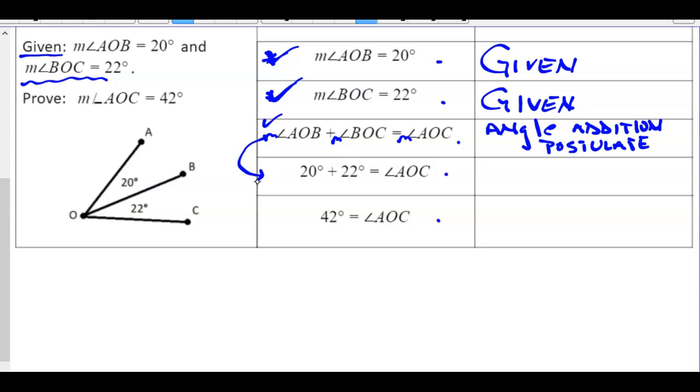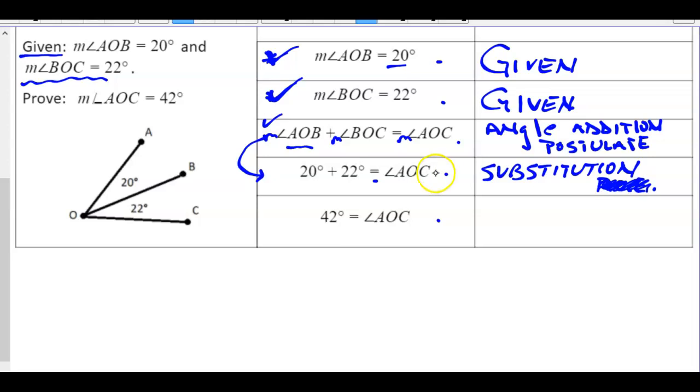All right. Now, what bold move did we do to use the statements above us to have the audacity to write that? Well, we know that AOB is equal to 20. We know that BOC is equal to 22. So all we're doing is substituting. You can put POE there, property of equality, because we are dealing with equal signs. But usually substitution is kind of a general, and people are okay with just substitution.